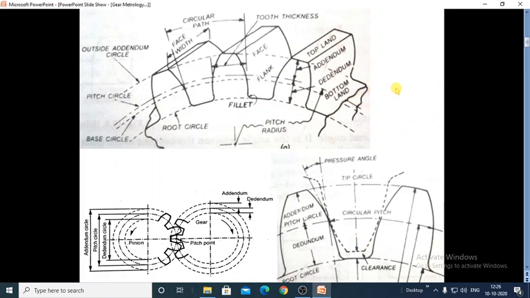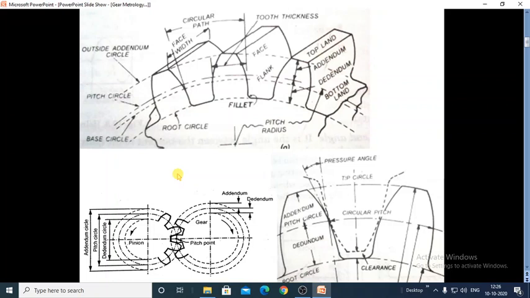Now let us see the pitch circle. In every pair of gears in mesh, the two plain wheels in contact are assumed to exist, which are known as pitch circles. Here you can see a pair of gears.